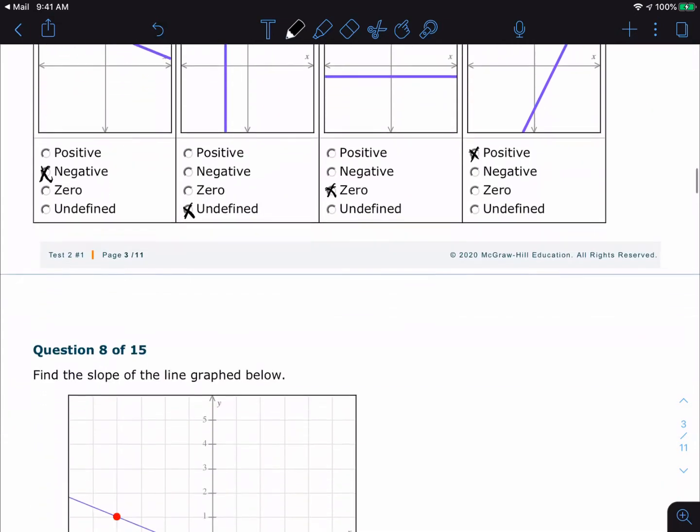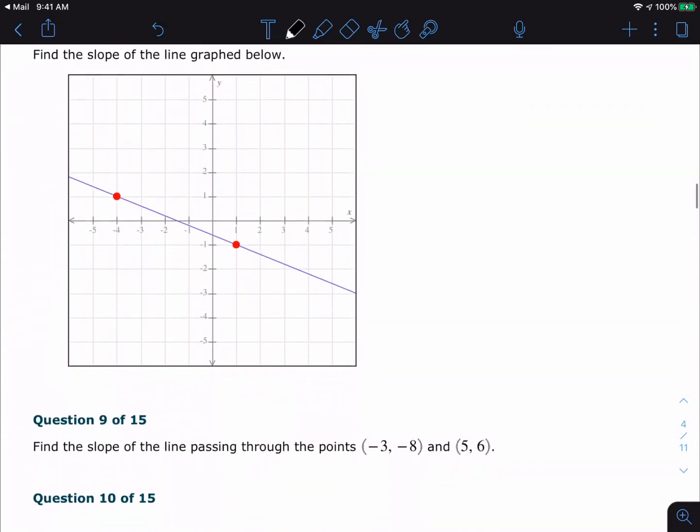Okay? All right, here's number 8, and it's asking us to find the slope. So first thing we need to do is just find the slope. That's even easier, so let's do that. If I draw lines, just so you guys can kind of see this way and this way. Oops, I messed up where I put that line. It should be right here. Okay, let's look at it.